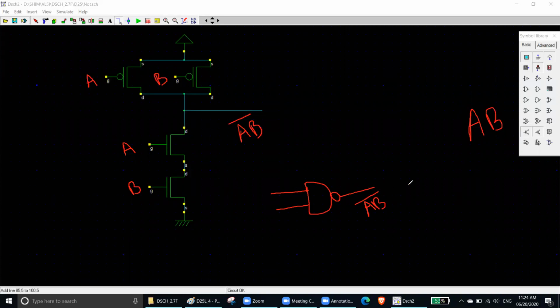So if we connect one NOT gate at the output of the NAND gate, what will be our final output? Because we know a NOT gate will always add one bar.